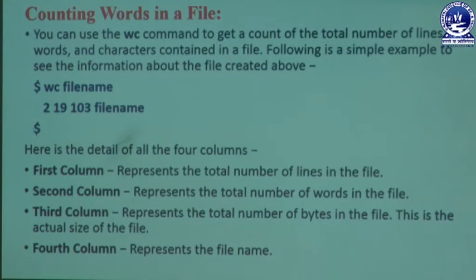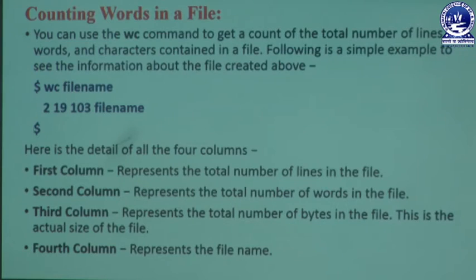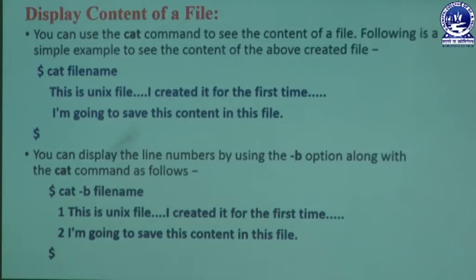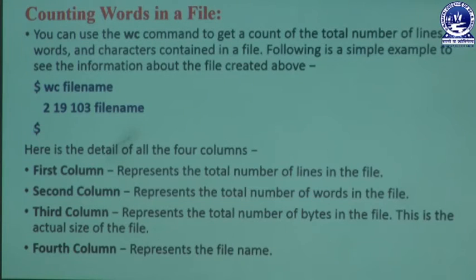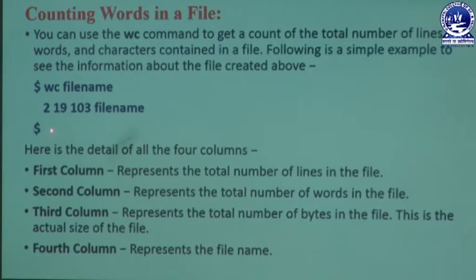And in this way we also get some columns. The first column represents the total number of lines in the file. That means this 2 represents, as in the previous statement we already used, 1, 2, so we have 2 lines, which is given by the first column.